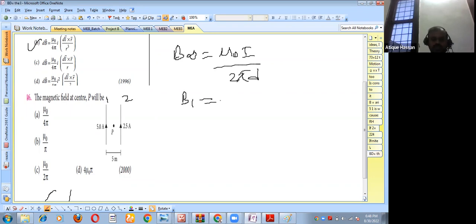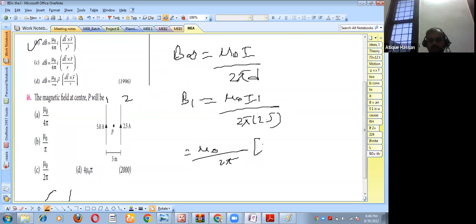So B1 is mu naught I1 by 2 pi D, where D is 2.5. We take mu naught by 2 pi common, I1 is 5 by 2.5. And what is the direction of B1 at point P? Correct, it should be inward.